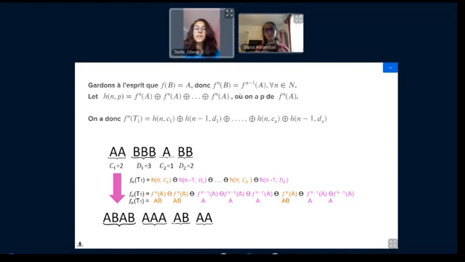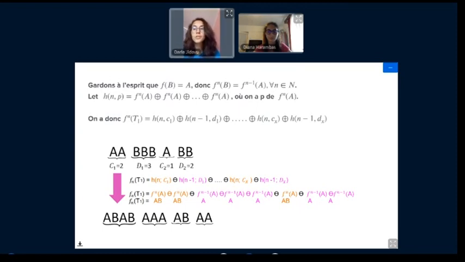Let's discuss a bit about the formation of the word in this case. Keeping in mind that function of B is equal to A, as it's given in the problem, we realize that applying the function n times to B is similar to applying the function n-1 times to A. Let's now consider another function, call it h, with two arguments, n and p, which represents the concatenation of p functions of A at the power of n.